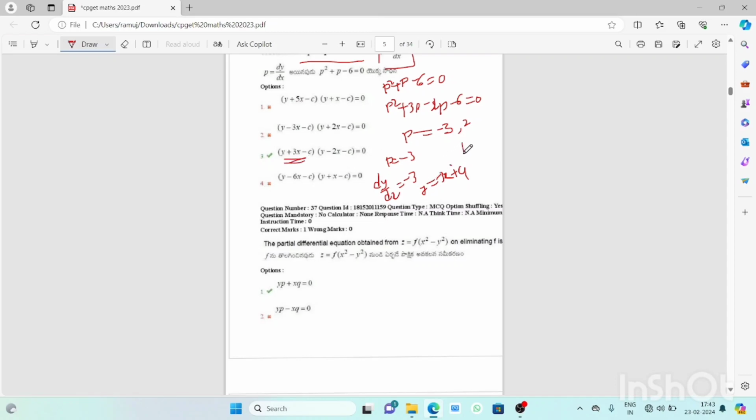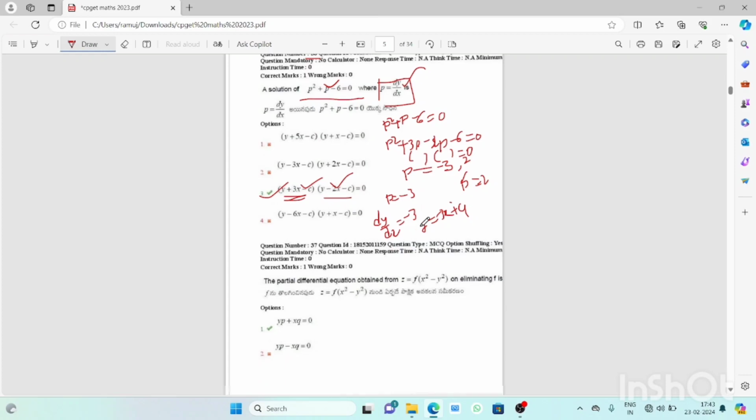Similarly you can take p is equal to 2, and by taking the value of p as dy by dx and integrating, you can get y is equal to 2x plus c. The p values are minus 3 and 2, so they are multiplying, because the zeros of that quadratic equation can be written this way. So the solutions are also in that form. So we get that option 3 is the correct option. You just integrate after getting the p values. That is the only thing here.